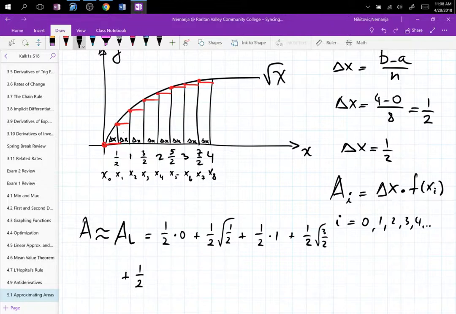So all I'm doing now is I'm writing areas one by one, and I'm computing heights at each one of the values and multiplying by delta x.